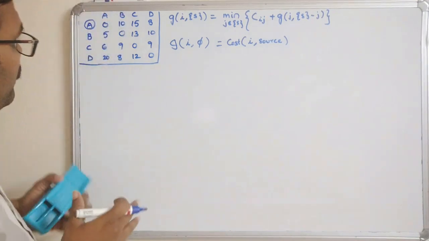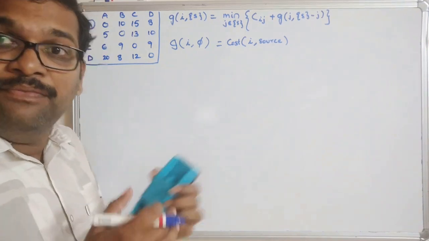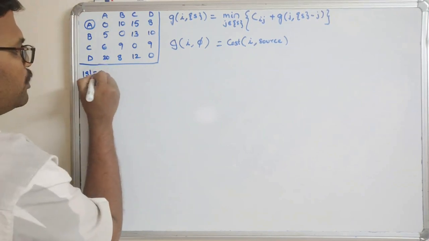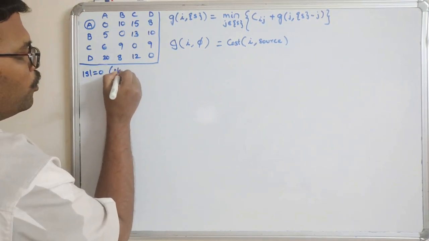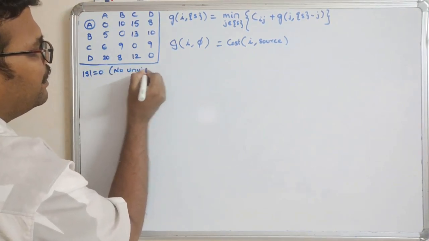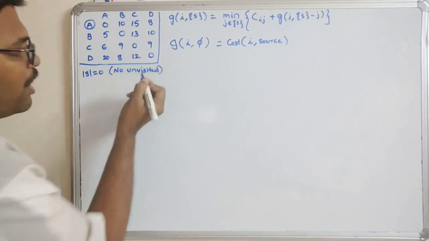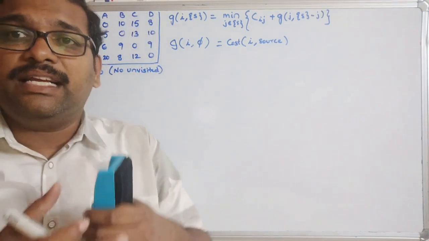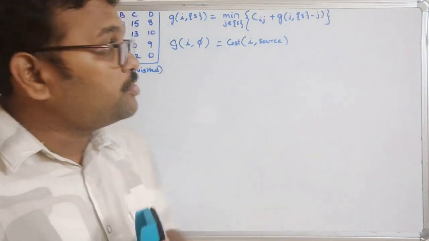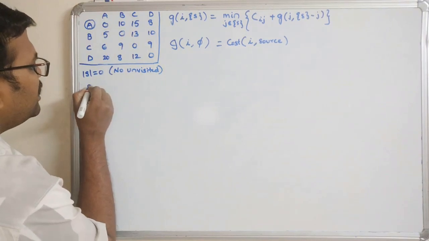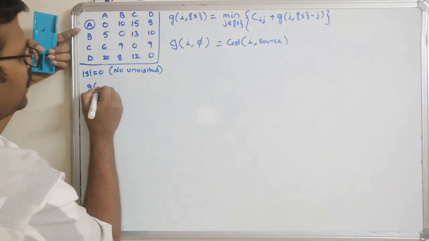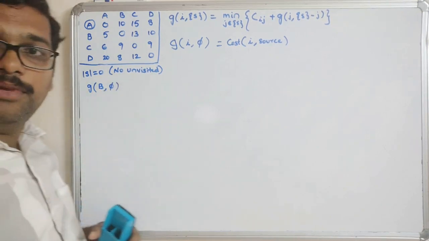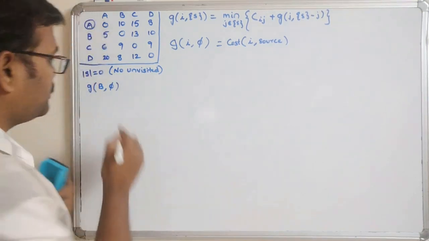We'll write the next possible source, unvisited. First, let us take the set equal to phi, that means no unvisited vertices. If there are no unvisited vertices, then the recent vertex will be the last vertex. So the possibility is G of B comma phi, because B itself is the last vertex.